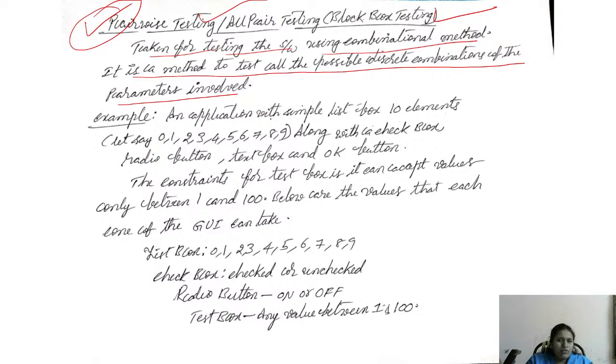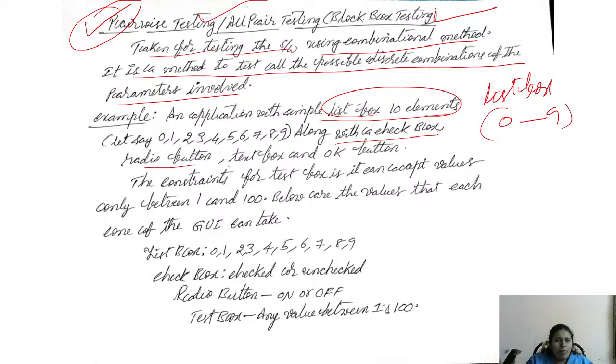Suppose, with a sample, there is a list box with numbers 0 to 9, along with a checkbox, a radio button, a text box and an OK button. The constraint for the text box is that it can accept values only between 1 and 100. Below are the values that the GUI can take.